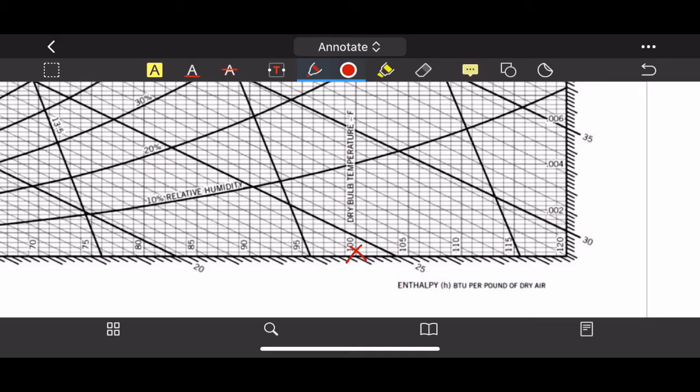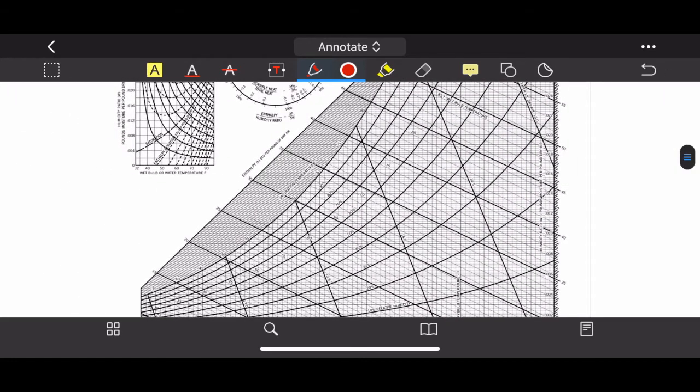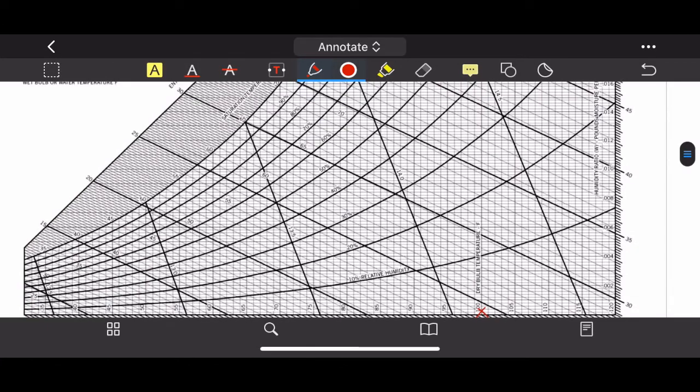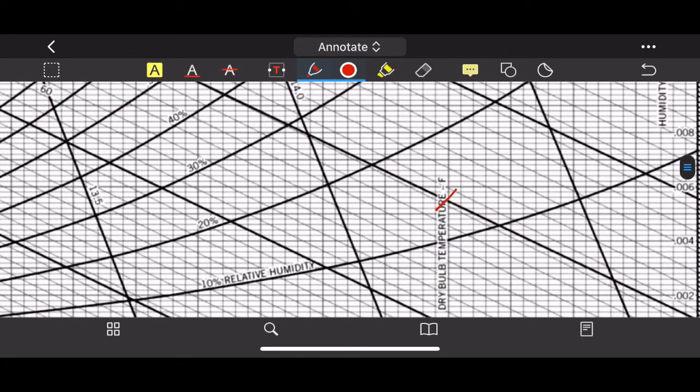Next, you need to find the 65 degree wet bulb temperature. The wet bulb temperature is given by this slanting line, as you can see there. Right, let me clear that up, and it is at 65, which is this line. Okay, so what you have is a cross at that point.